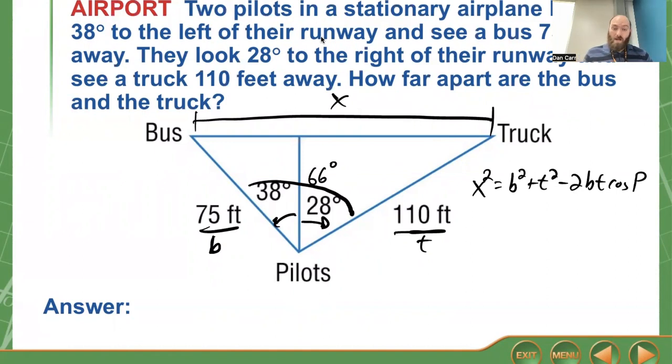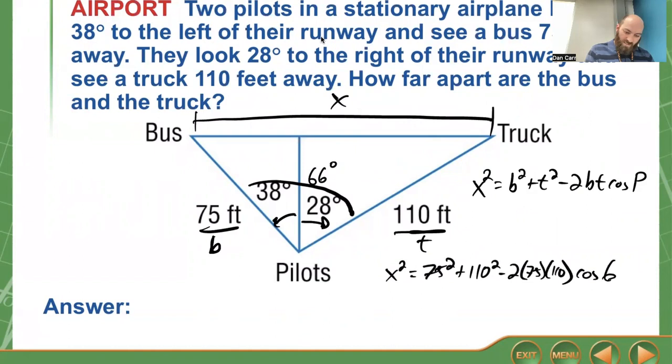Now I can just plug that in. I get x squared is equal to b squared, so 75 squared plus 110 squared minus 2 times 75 times 110 times the cosine of 66.